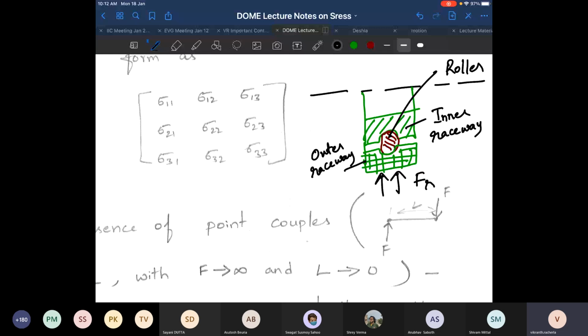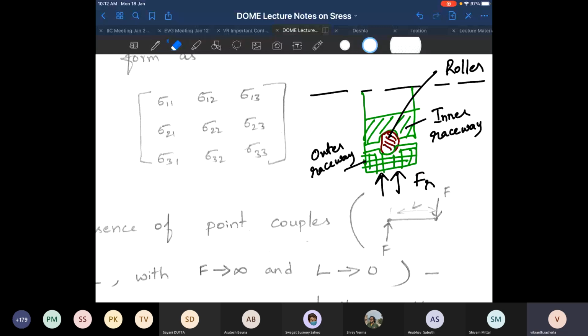But before we get to these failure models, we need to get a good understanding of stress. So what do I mean by this?